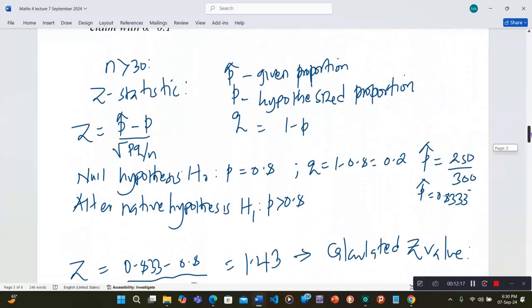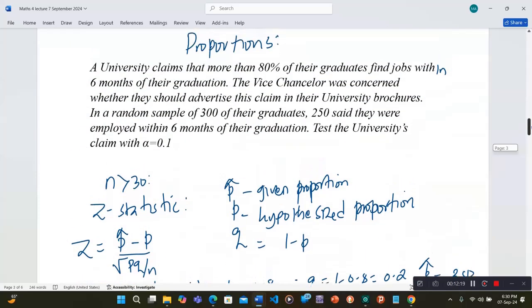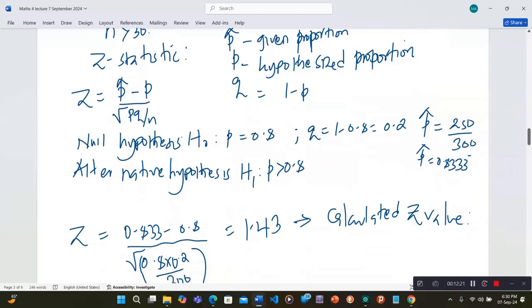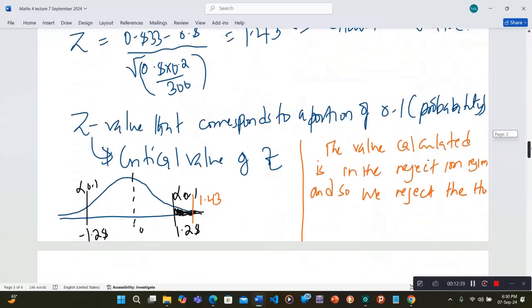So if we reject the null hypothesis, we are rejecting the proportion of 0.8 or 80%.